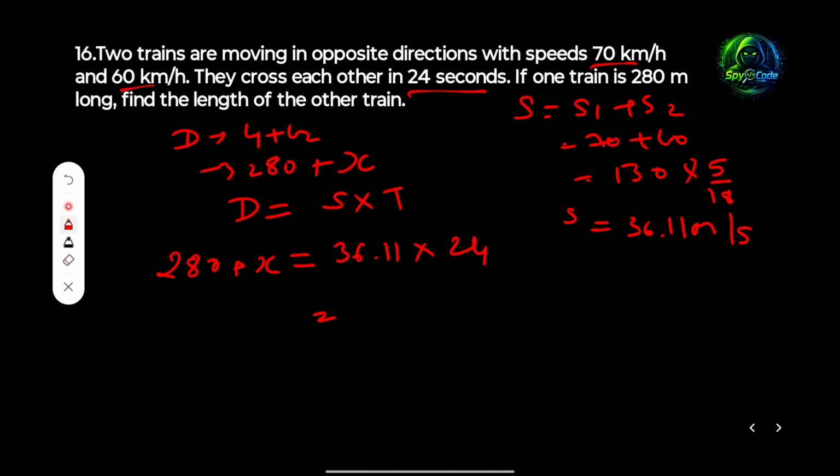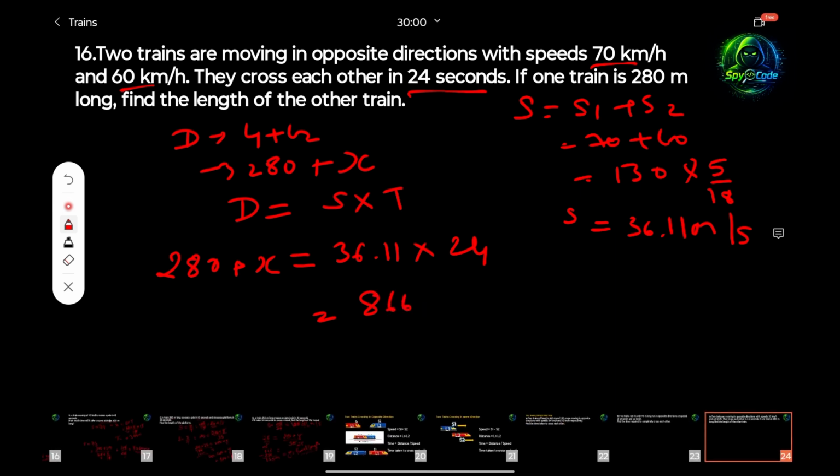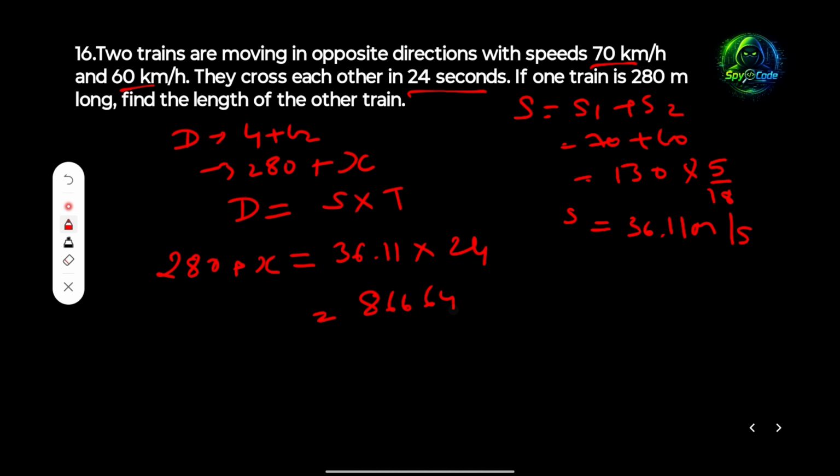Upon solving this, 36.11 into 24 is 866.64, and this is 280, so minus 280.00. So what is the value of x?